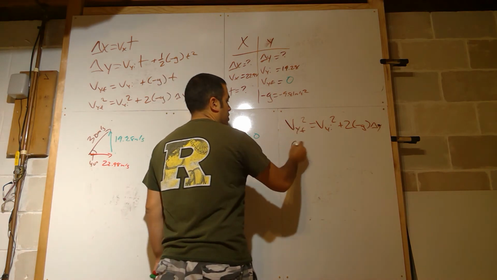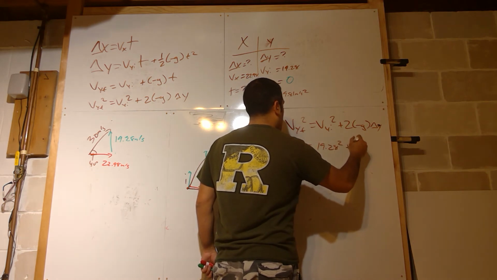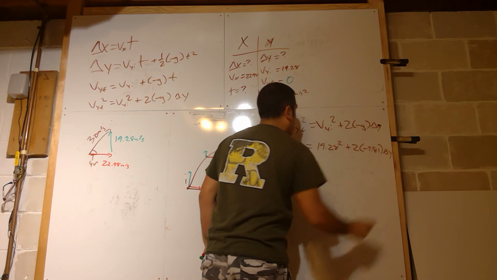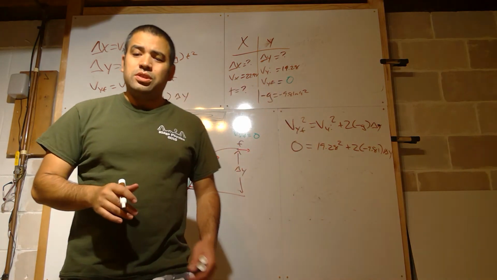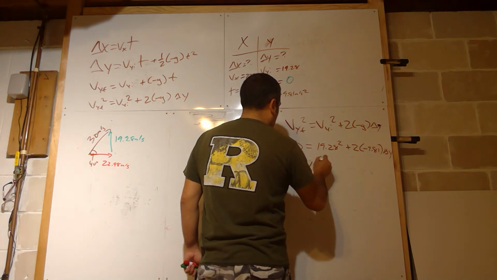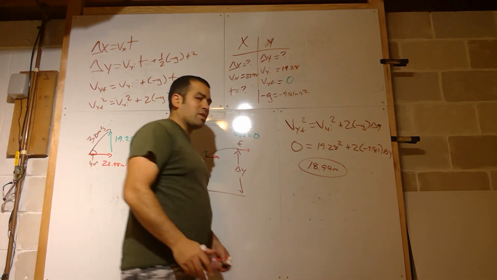So that's 0. This is 19.28. We square it. We have 2, negative 9.81, and our unknown of delta y. So it's as easy as simply solving for an unknown. And if you do your algebra properly, I think you get 18.94 meters as your maximum height here.